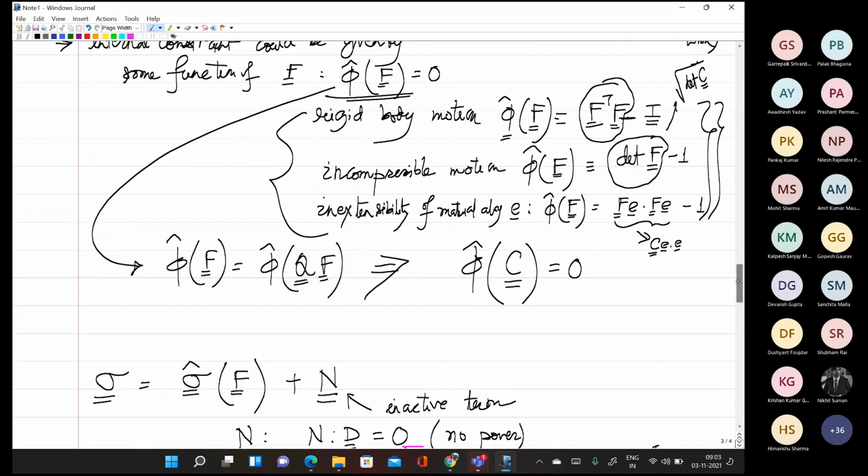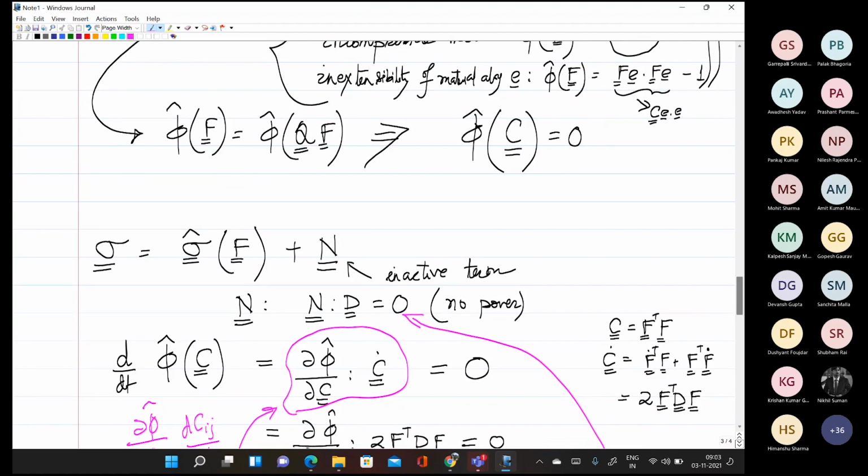See, first of all, why is this extra term arising? So this is like a reaction to the constraint. For example, whenever you have a beam, if it is clamped at one end, that end does not move.